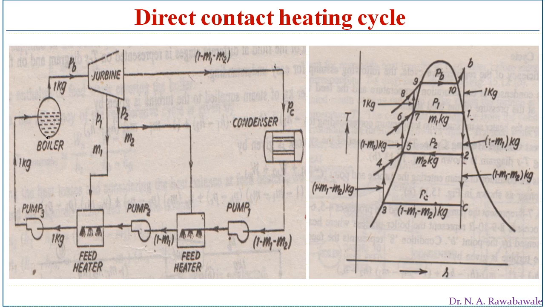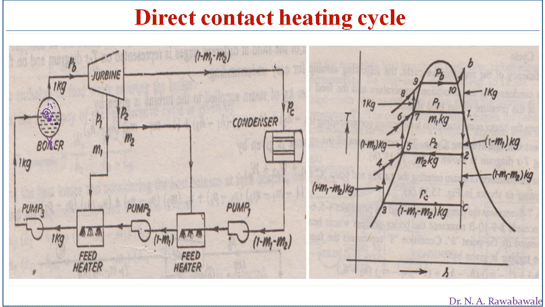Boiler evaporates this water, which is saturated water. So this saturated water is evaporated. We call this point 9 as the point inside the boiler. The saturated water is supplied with heat and it gets converted into steam.